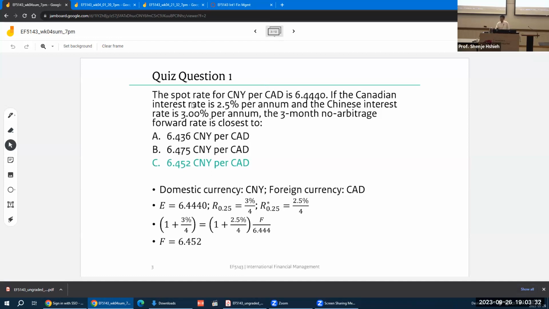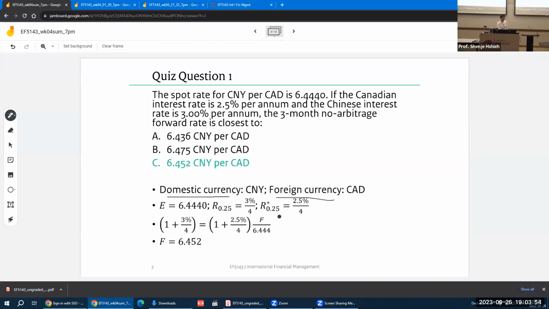If the Canadian interest rate is 2.5% per annum, assuming annual compounding, and the Chinese interest rate is 3% per annum, the 3-month no arbitrage forward rate is closest to which of the following? As I said, the first thing you should do is determine which one is the domestic and which one is the foreign currency.